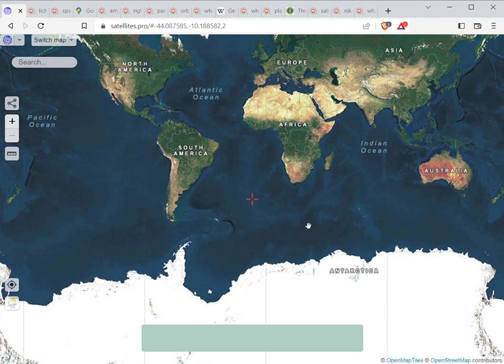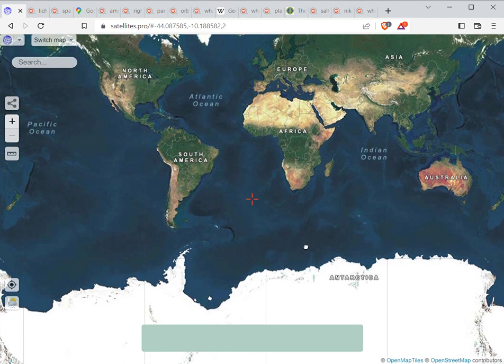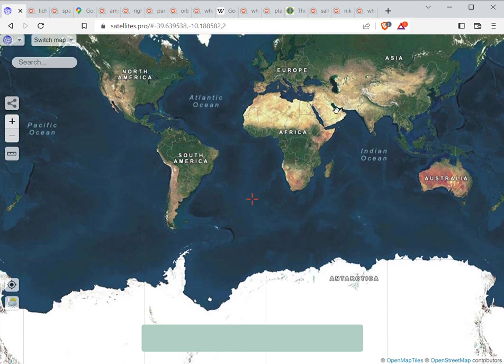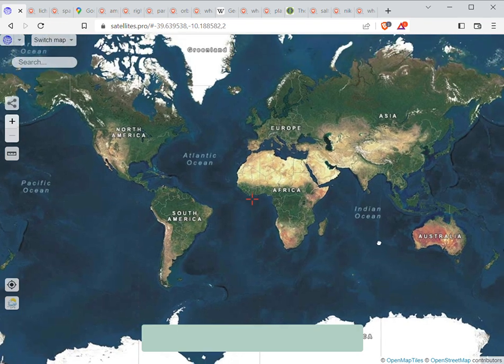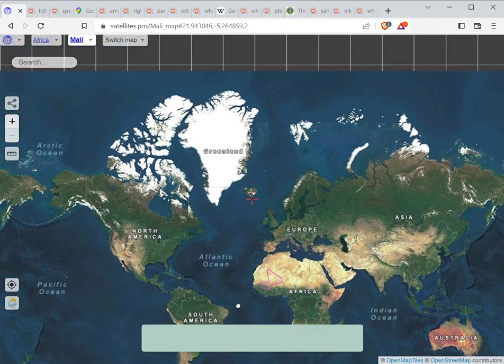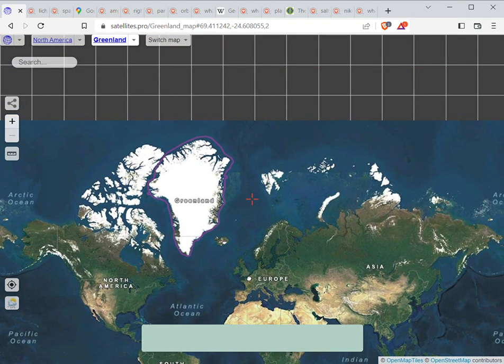Haven't talked much about it, but it really looks like Antarctica was being pulled down as this was going on. You see a lot of this rushing in here. This area, it's kind of coming in.